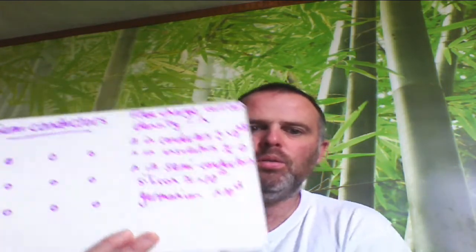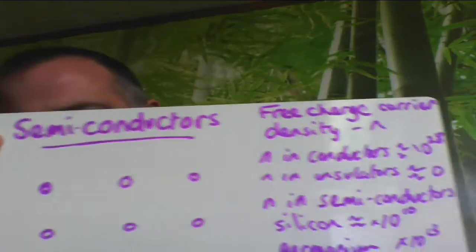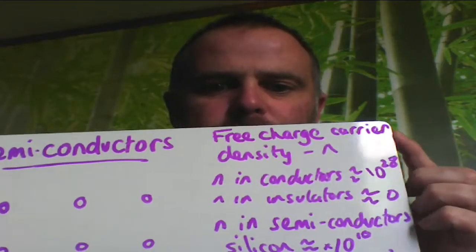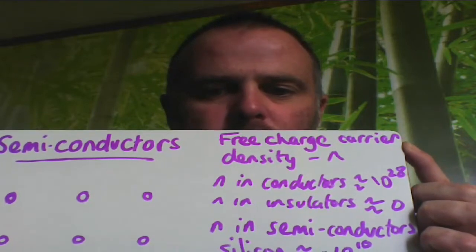semiconductors are between conductors and insulators. Remember, let's go back to free charge carrier density, or little letter n, which was in the drift velocity equation.